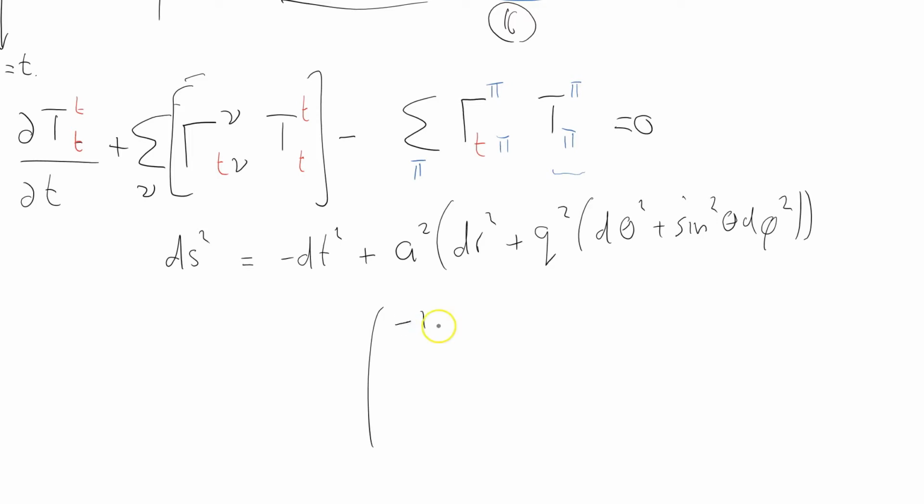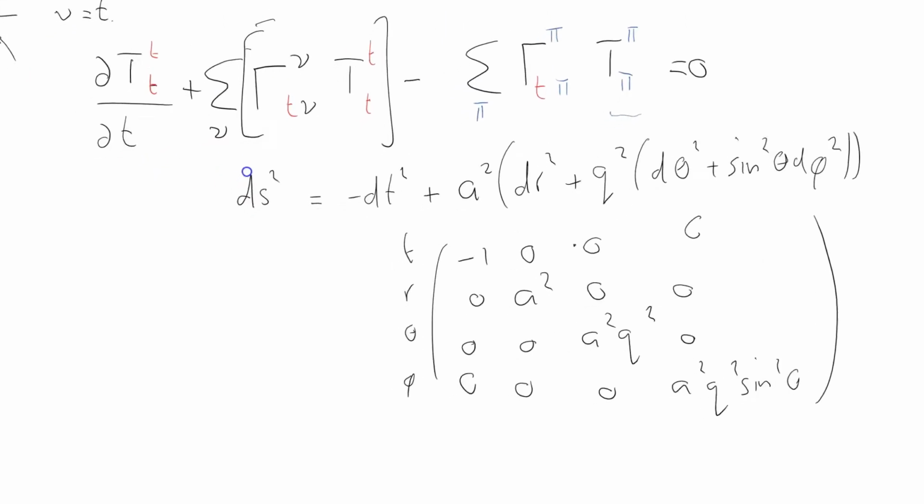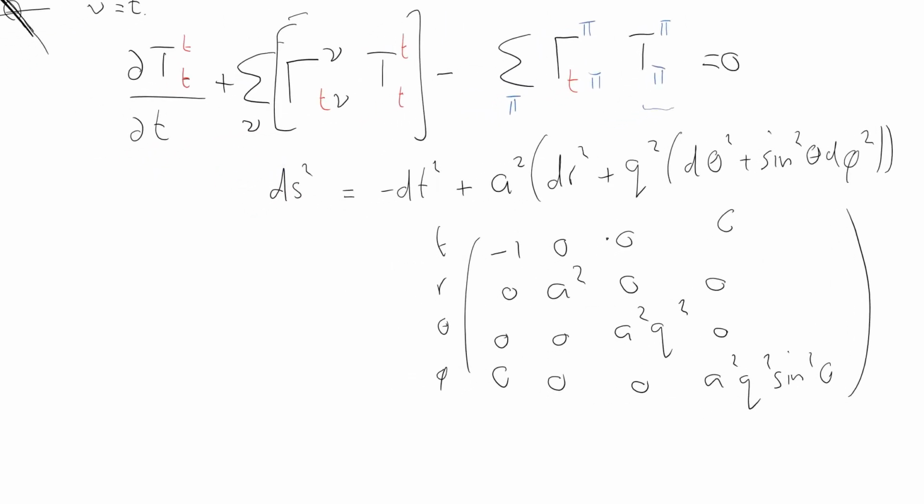Actually, it's as well to write it out in its component form. 0, that'll be a squared. 0, 0, that's a squared r squared, 0, 0, 0, and that's a squared r squared sine squared theta, t, r, theta, phi. Okay, so now we're in a position to do our expansion.